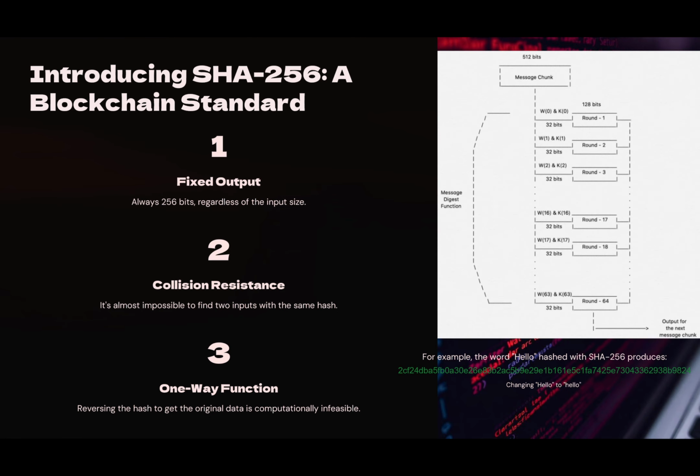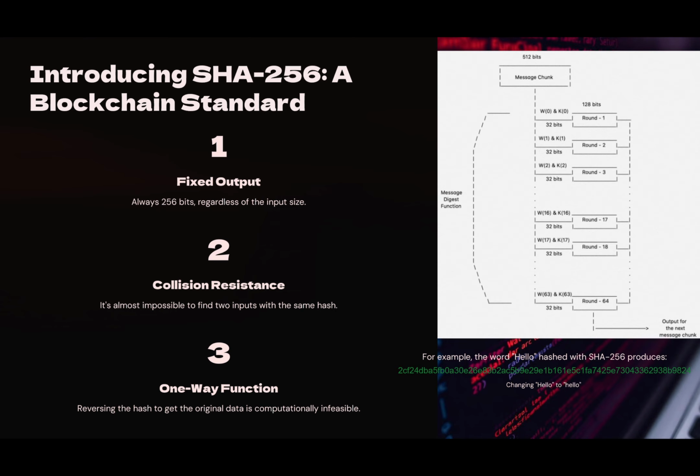We also need to know the hashing function within the Merkle tree. It is called SHA-256, a widely used cryptographic hash function, particularly in blockchain systems like Bitcoin. It has three key properties. The first is fixed-length output: the output will always be 256 bits regardless of input size. The second is collision resistance: it is computationally infeasible to find two inputs with the same hash.